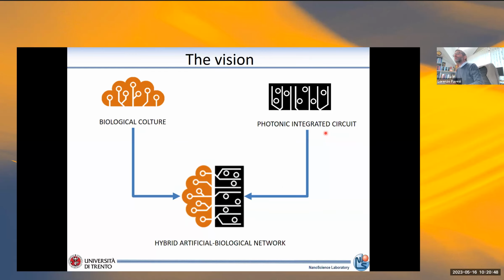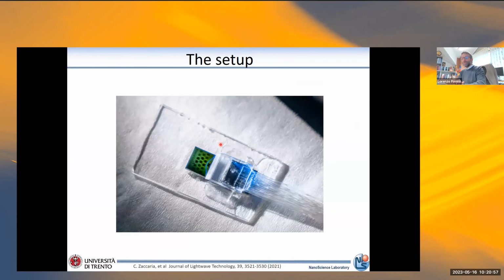So on one side, the photonic integrated circuit, on the other side, the biological culture. And so the setup that we are using is the one shown here in this image. We have a bunch of optical fibers that are coupled through a fiber array to a photonic circuit. What you see here is, for example, the fact that we are sending blue light on one fiber, and this blue light is propagating in the photonic circuit.